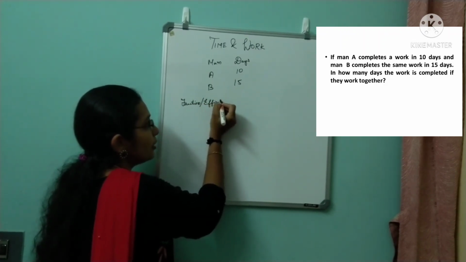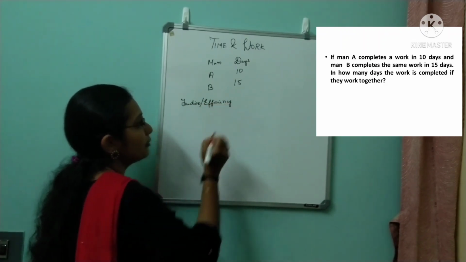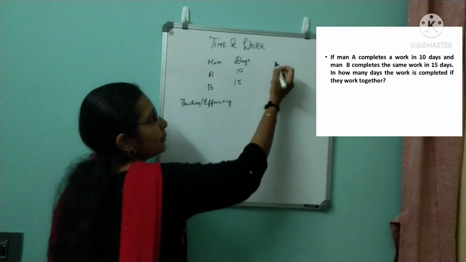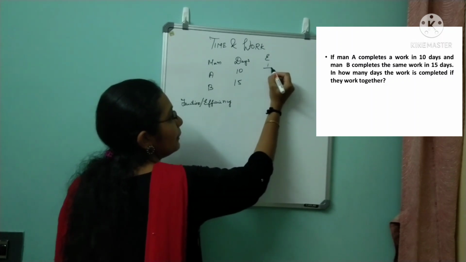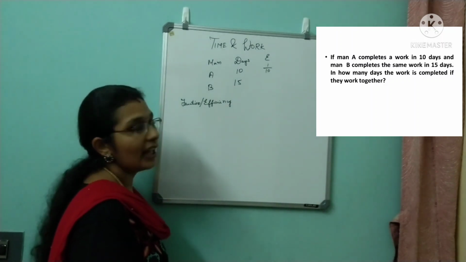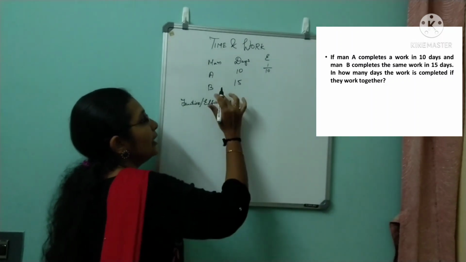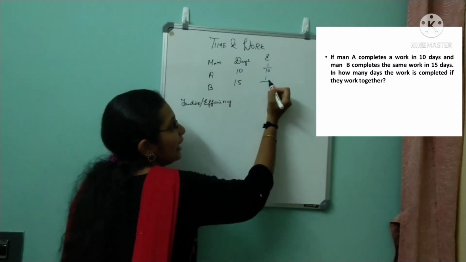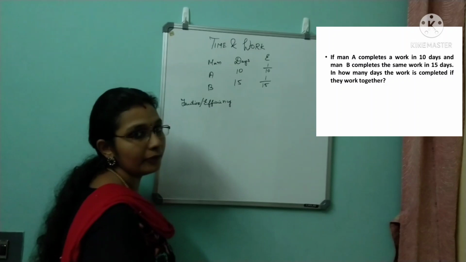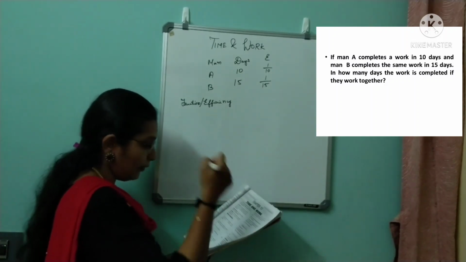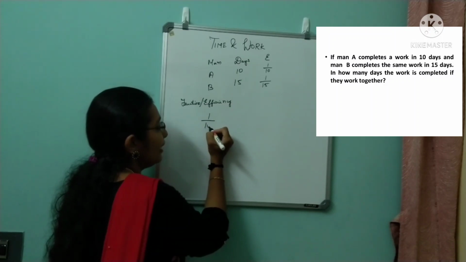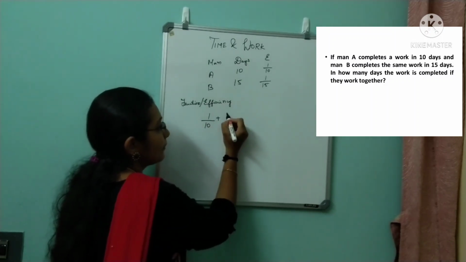Using the efficiency concept, we will solve this question. Person A completing in 10 days means his efficiency would be 1 by 10 per day, as we have already seen. Similarly, person B takes 15 days, so his per day efficiency would be 1 by 15. If they work together, in how many days will they complete?